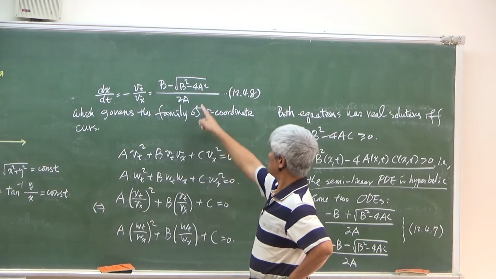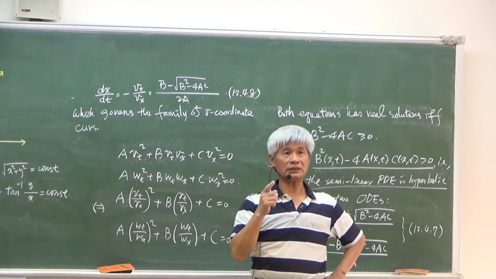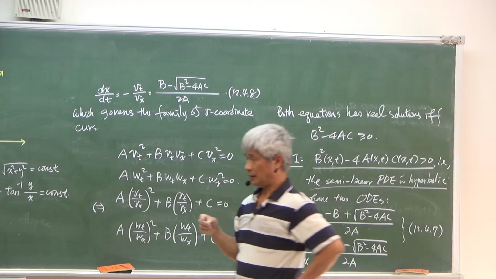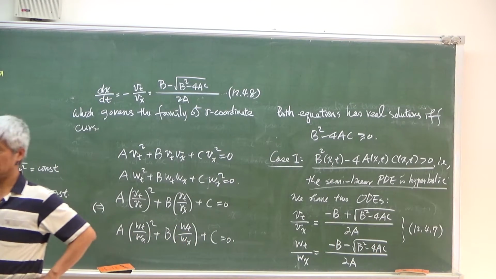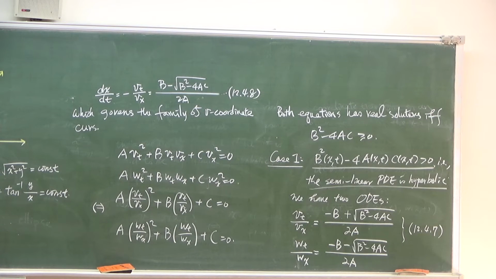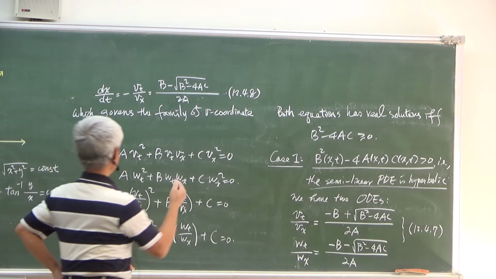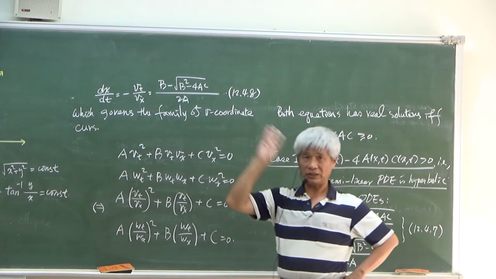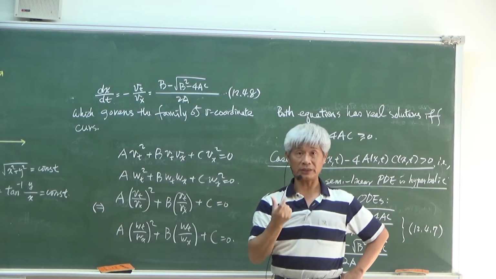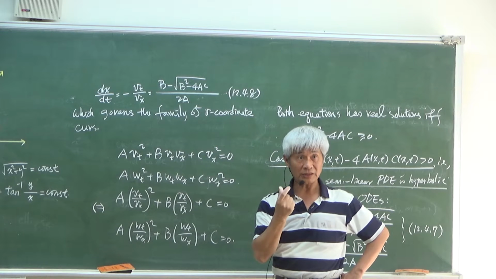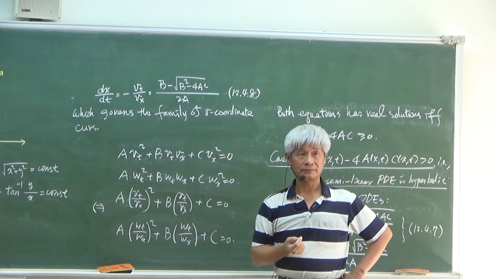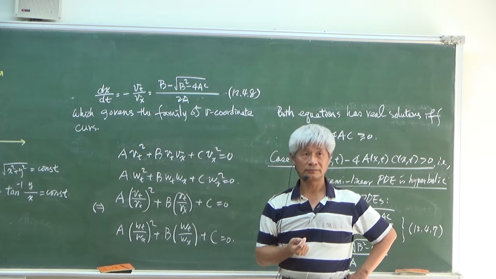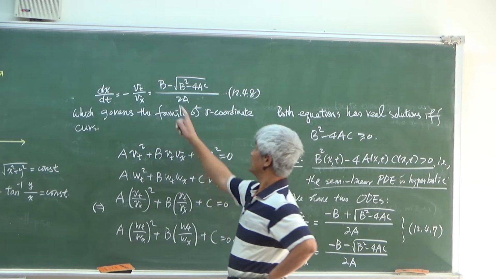To solve such a first order ODE, you have an arbitrary constant as a parameter. So actually, this ODE describes a family of curves because you have an arbitrary constant involved in the general solution.